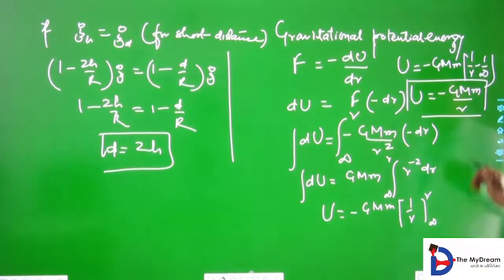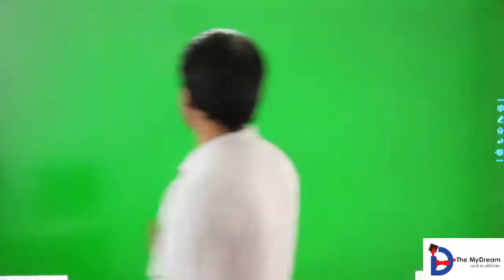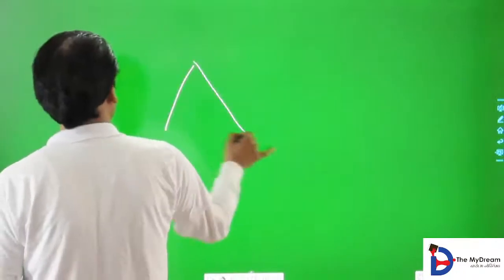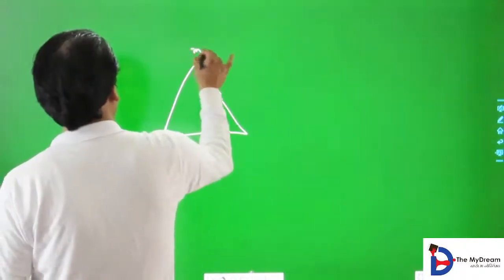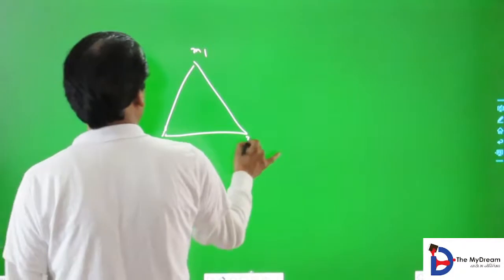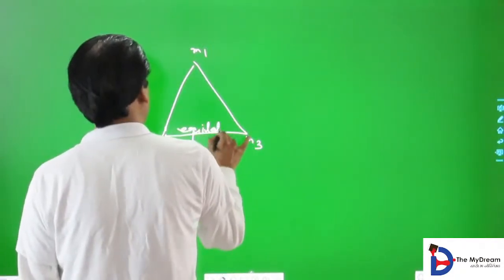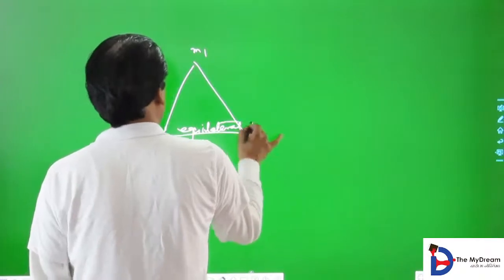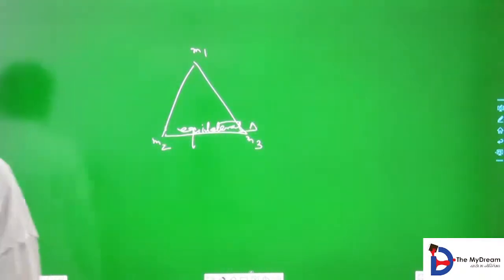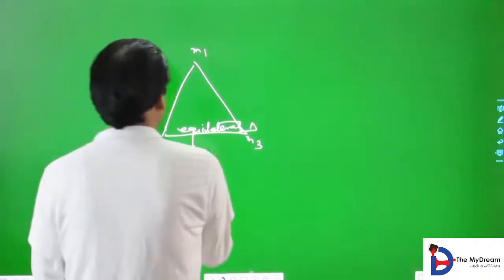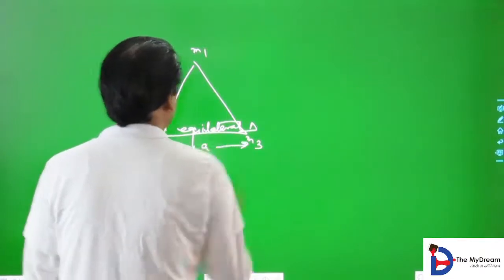If you want to discuss some numerical which is based on it, you just make a system. Say M1, M2, M3, an equilateral triangle. An equilateral triangle is given to you, and you want to know the gravitational potential energy.